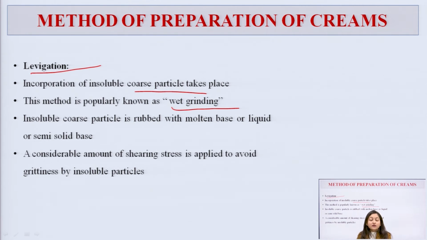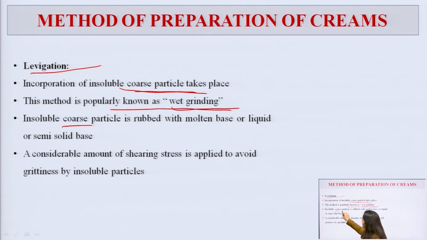When we are incorporating coarse particles as compared to the fine particles which we incorporate in Trituration method, the particle size here is definitely higher. Hence, we have to be extra cautious because we are supposed to make these coarse particles fine by applying stress or by applying shear. So, what we use here is the coarser particle, which is insoluble actually, and the method that we are going to use here is the wet grinding method.